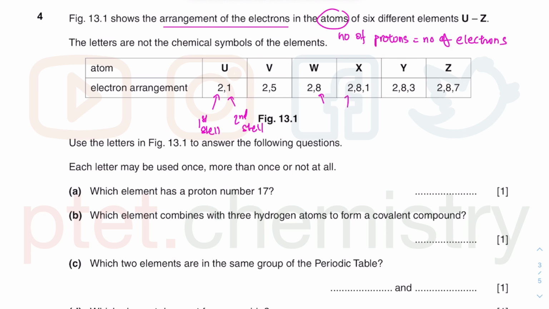Then you go to the third shell, from sodium all the way to argon, which can fill another 8 electrons. So third shell means period 3. Period means you go across the periodic table.